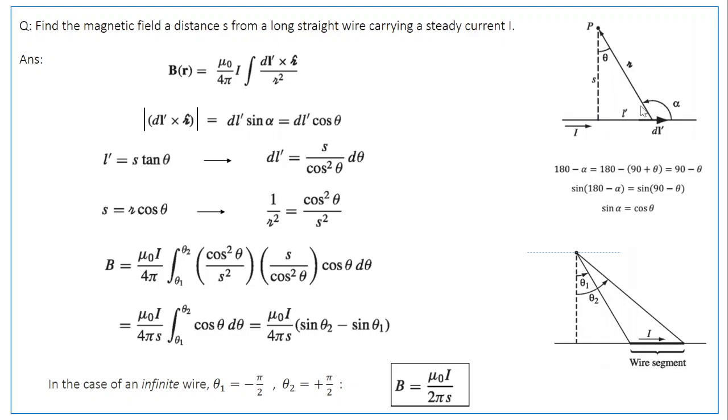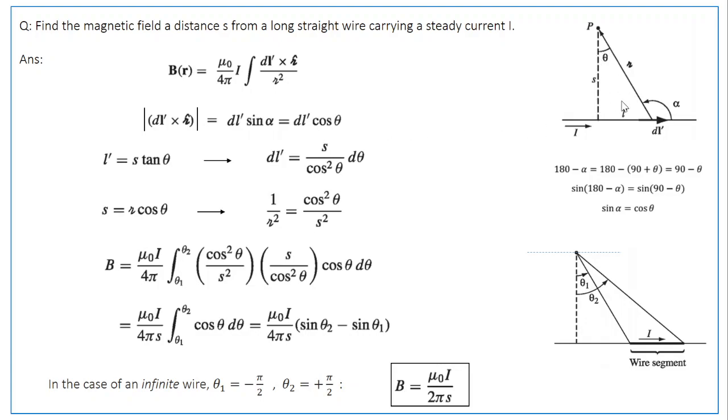So I can write this angle as 180 minus 90 plus theta, which is 90 minus theta. So take sine on either side. Sine of 180 minus alpha equals sine of 90 minus theta. Sine of 180 minus alpha is sine alpha. Sine of 90 minus theta is cos theta. So I can also define dl prime cross r cap as dl prime cos theta.